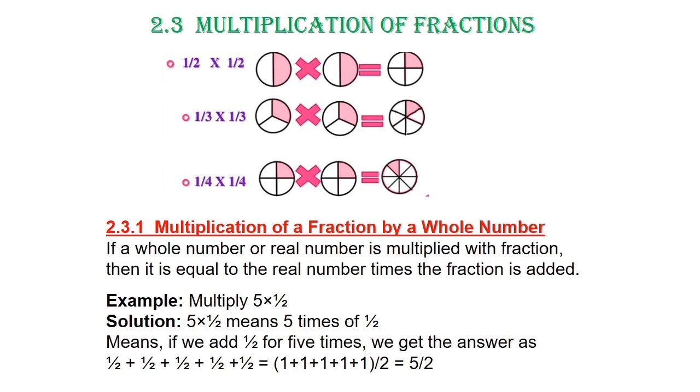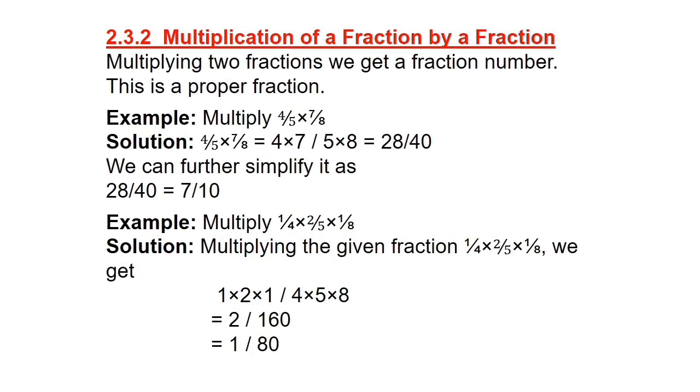We get half plus half plus half plus half plus half, which equals 1 plus 1 plus 1 plus 1 plus 1 by 2, since our denominators are the same, and that gives us the final answer as 5 by 2.